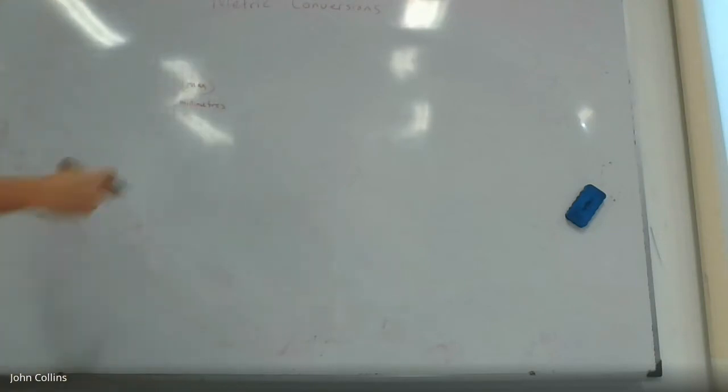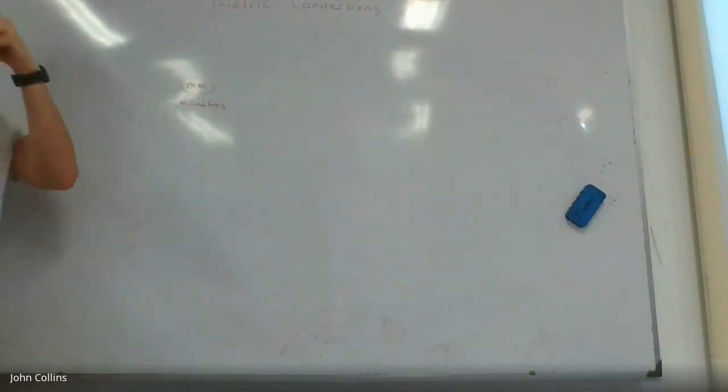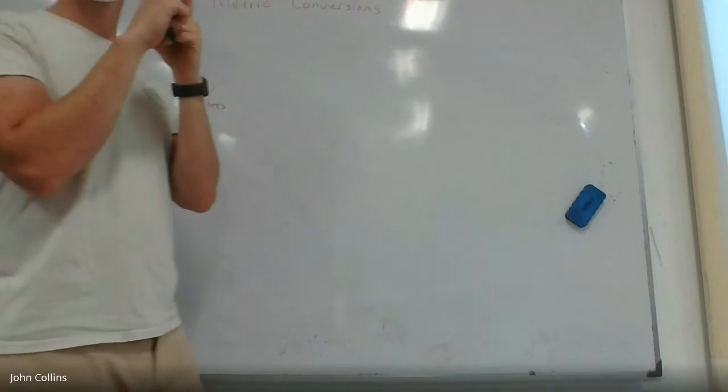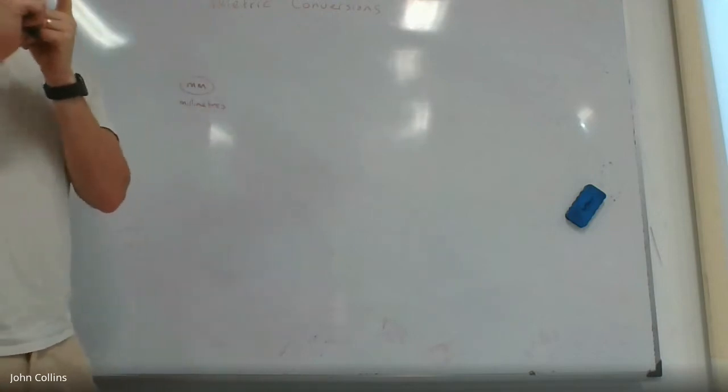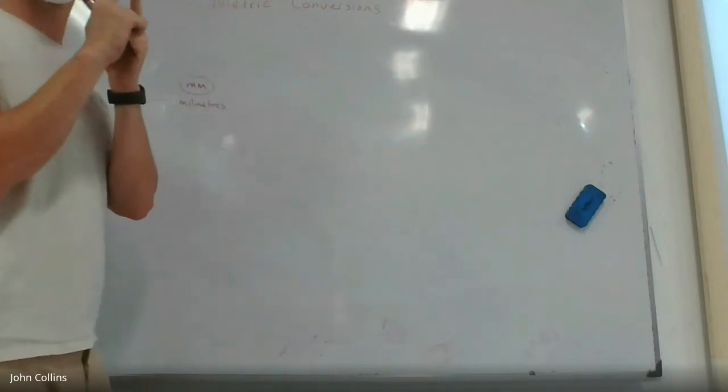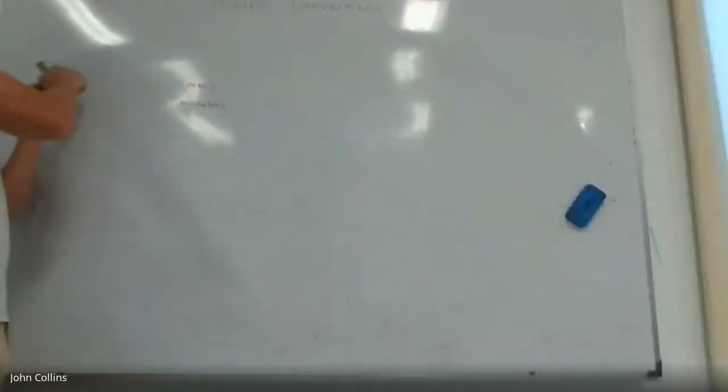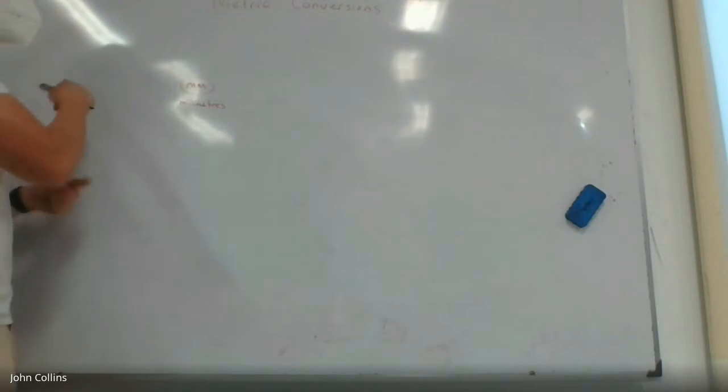Generally, there are smaller. Does anyone know a smaller unit than millimeters in size? Might use it sometimes in science. Anyone heard of nanometers? Nanometers would go back, and it's actually smaller. Micrometers is smaller again, but we generally don't use them.